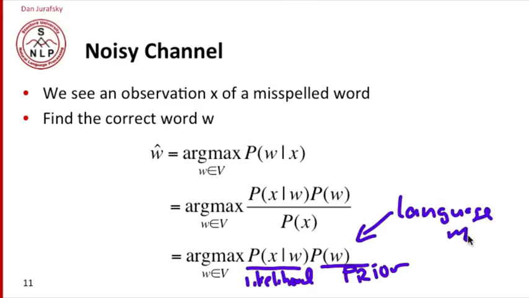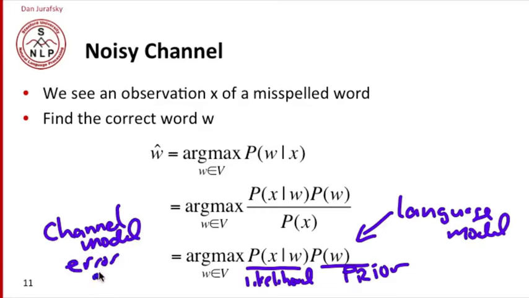And you've seen language models before. That's the probability of the correct word, W. And this likelihood term, we often call the channel model, or sometimes the error model. So we've got two factors, the language model and the channel model.